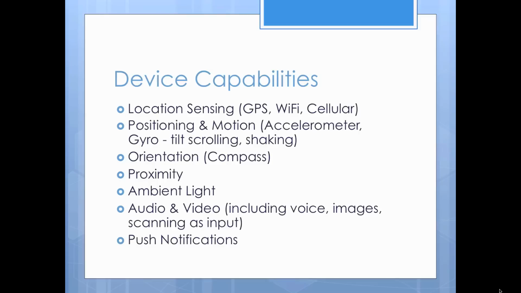Proximity, ambient light. I mean, these tend to be more specialized. I think of this list, probably the most commonly used one would be the push notifications. Another common one that is kind of merged in with some of the other ones is the ability to take audio and or video or picture, I guess would be the more common case.